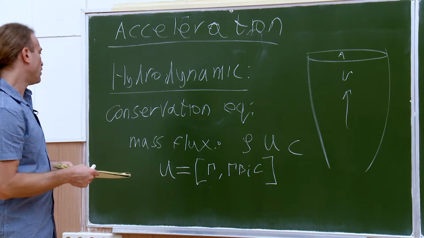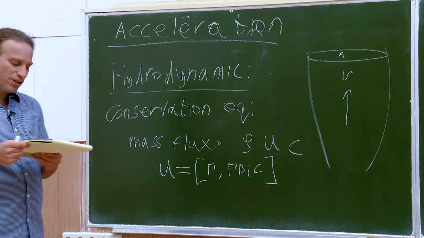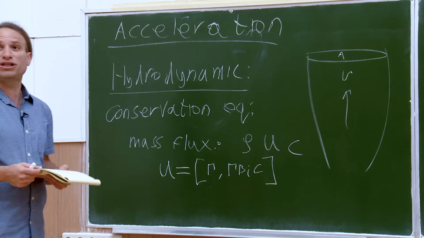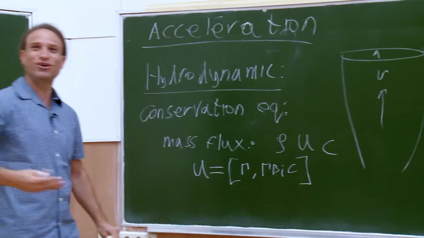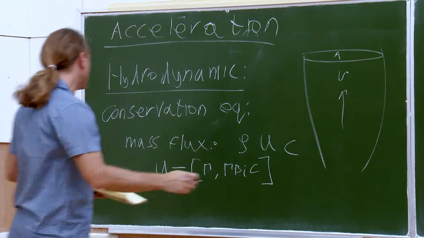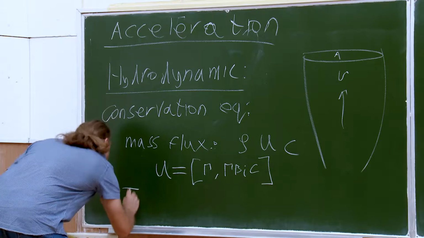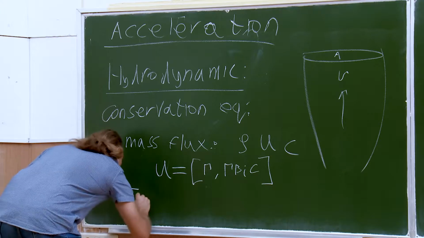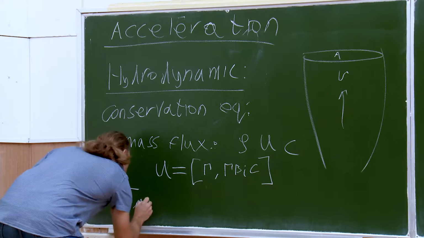So I have mass flux, and also I have the stress energy tensor, which is basically the flux of energy and the flux of momentum, which is T^{mu nu}.